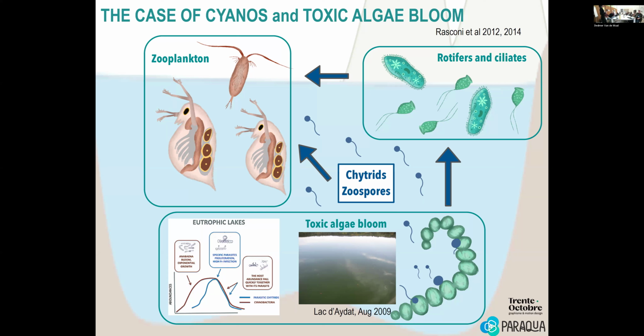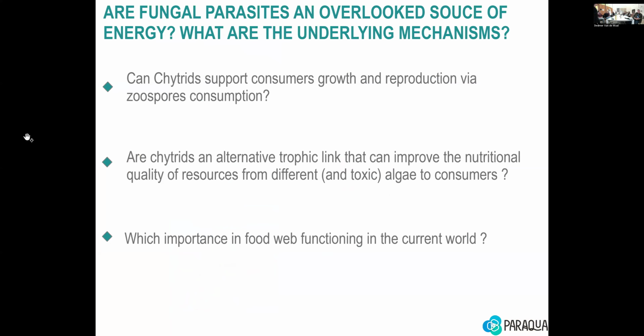So I wanted to see if this concept could be extended not only to diatoms and desmids, but also to other phytoplankton, large or filamentous species. And from there, we start thinking about more in-depth questions.